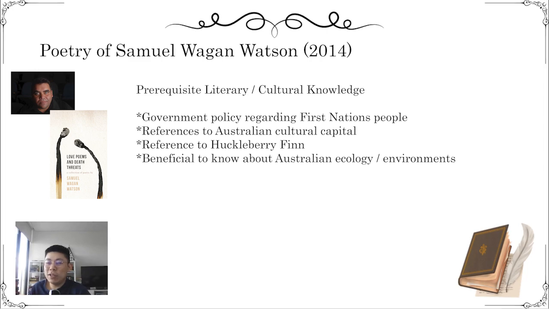It also includes a lot of Australianisms and references to Queensland geography, so it's not as hard to get into as something like Harwood, but there will be some Googling required to figure out certain references, certain intertextual allusions. There's a reference to Huckleberry Finn in Finn as well. It's not immediately accessible, but with some research and some collaboration, I think that students can get to the meaning of these poems independently without having a teacher explain, here is what this line means, and that's what that line means.